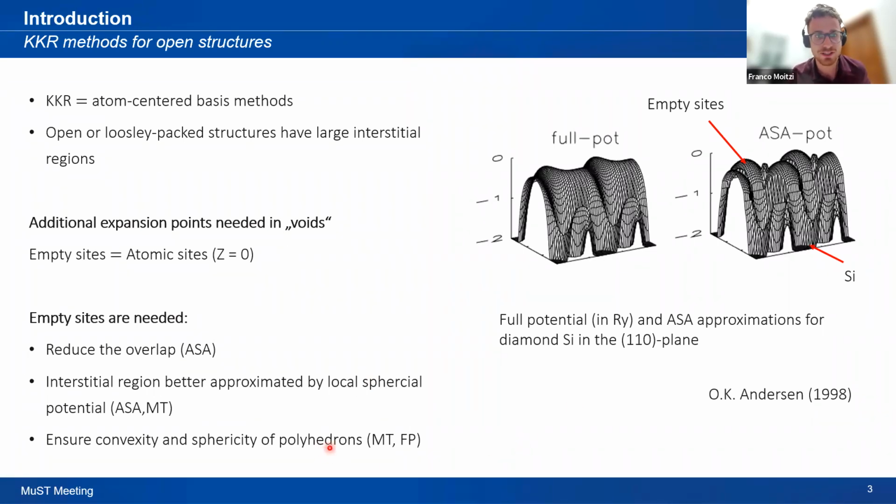And we also need them in full potential calculations. In this case, it's for ensuring the convexity and also the sphericity of the polyhedrons that tessellate the space. And effectively, by introducing such spheres, we can really practically lower the L cutoff and also achieve convergence.